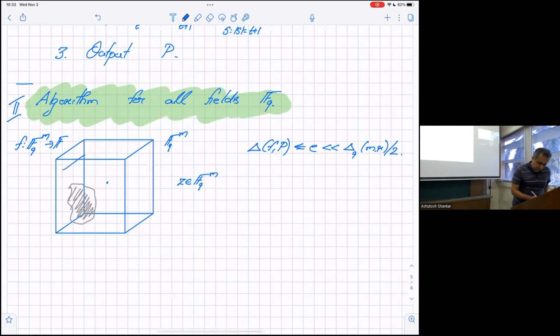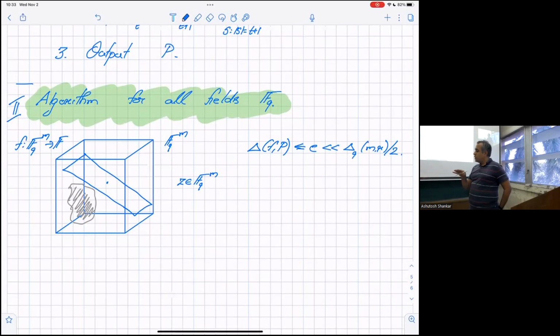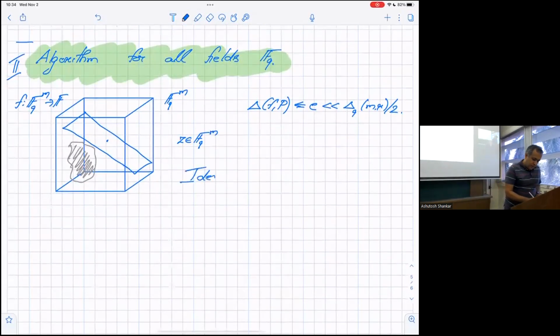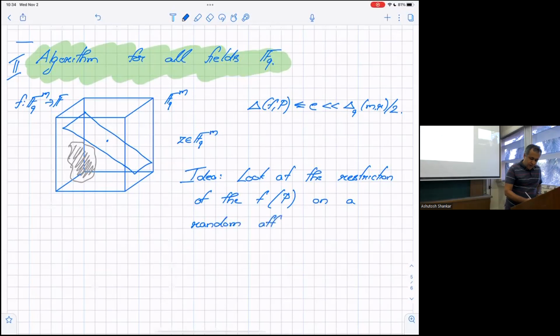So the idea is going to be the following: look at the restriction of the function F or P, both of them, on a random affine subspace of dimension S containing the point Z.